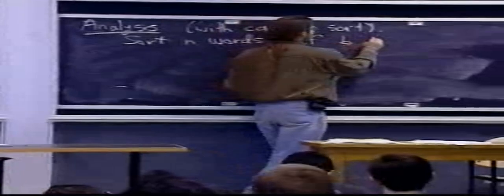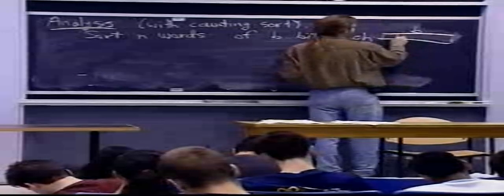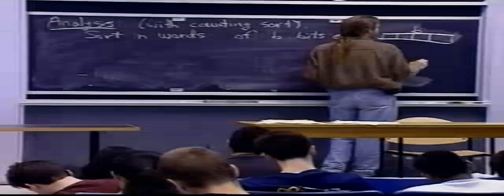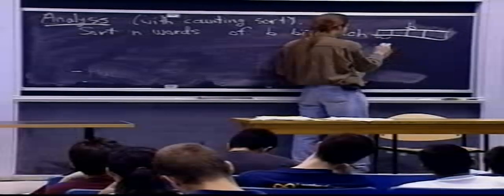Let's suppose we want to sort n words of b bits each. So we have a word that looks like this. Well, we can carve that word into however many pieces we like and treat each of these as a digit. So let's say that the length of one of these subwords is r.